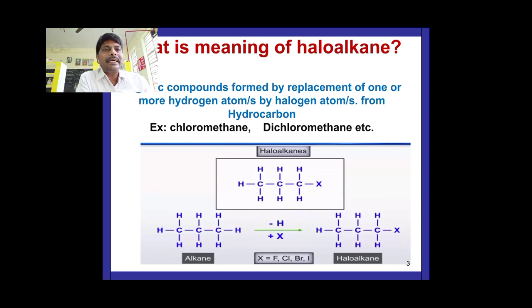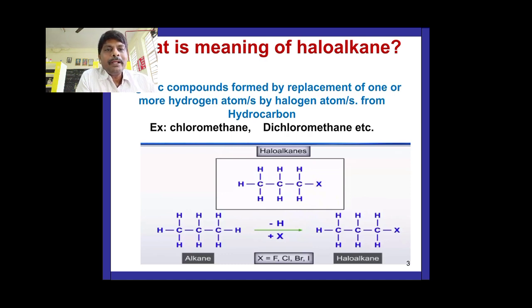Now you can see here some examples. Haloalkane: here there are 3 carbons and hydrogens, and one X, which represents halogen. So a 3-carbon hydrocarbon attached with X halogen is one haloalkane. How did it come? This haloalkane is derived from alkane, an alkane with 3 carbons, that means propane.